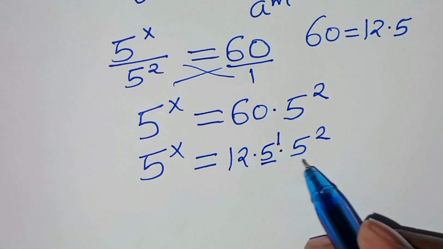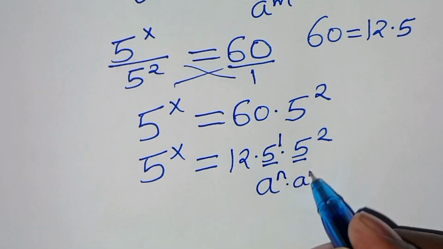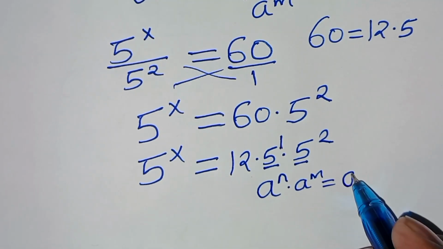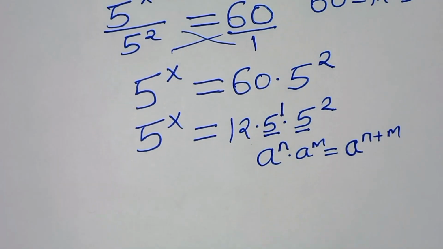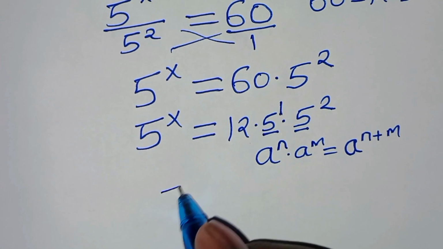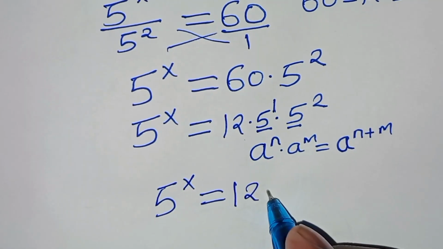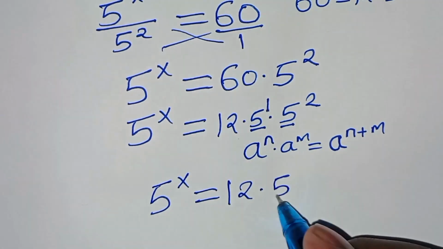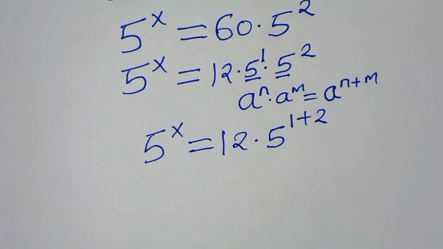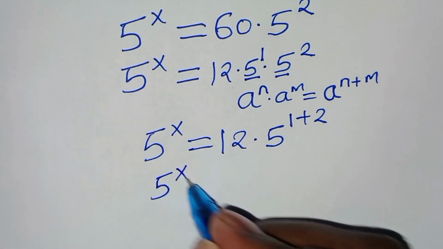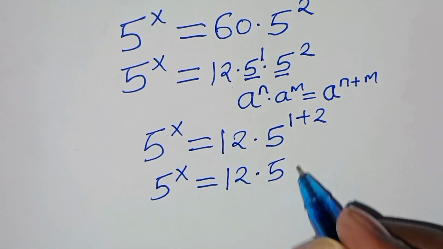Since we have common basis here, that is a to power n times a to power m, we can express this as a to power n plus m. So applying this property, then here we have 5 to power x. This is equal to 12 multiplied by 5 to power 1 plus 2. So here we have 5 to power x. This is equal to 12 multiplied by 5 to power 3.